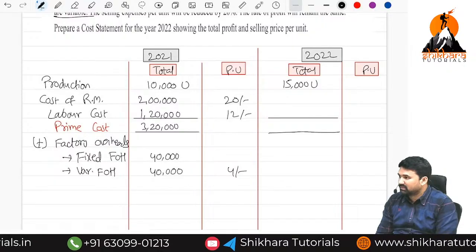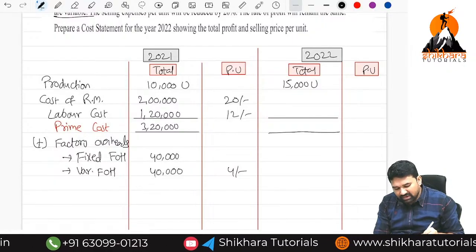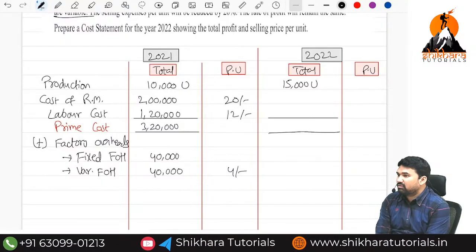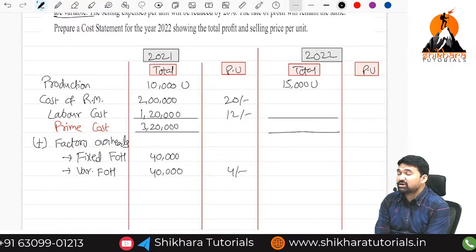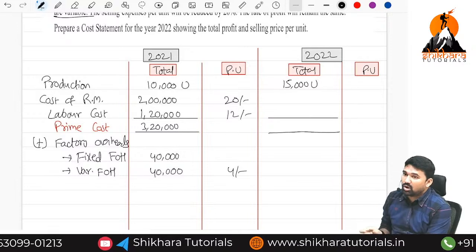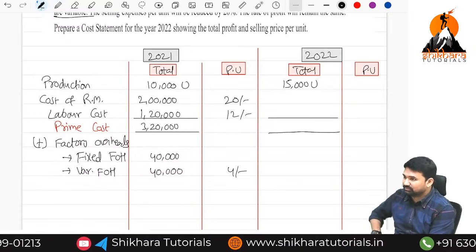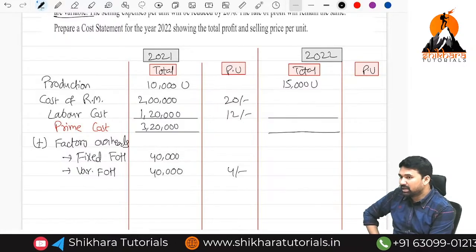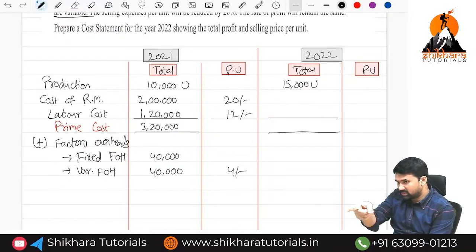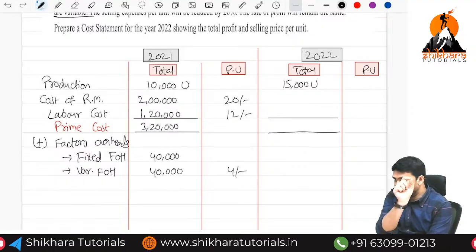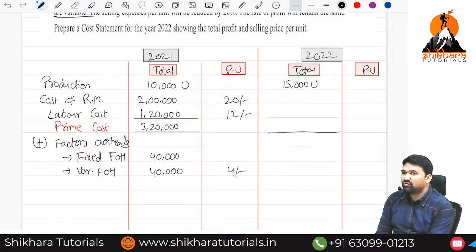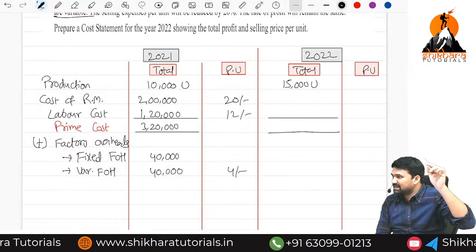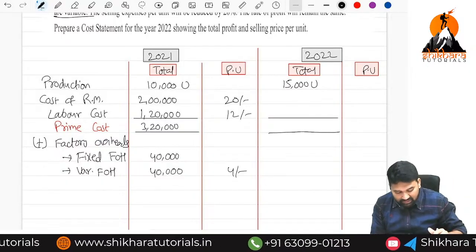Then why are we finding variable factory overheads? Because the nature of variable cost is that cost per unit is fixed. If you have any doubts, refer to your notes. In variable cost, a right symbol is given to cost per unit.